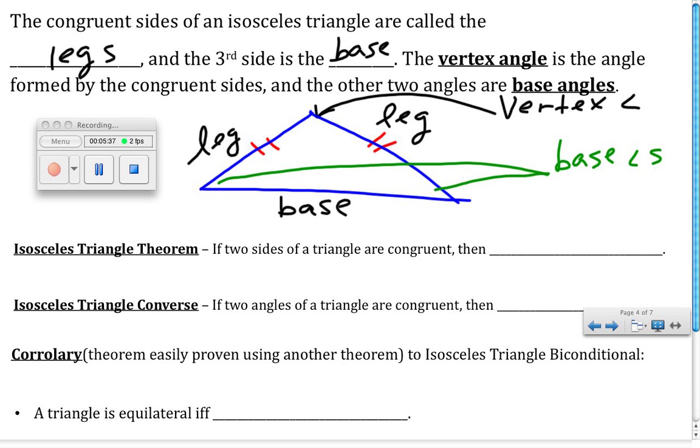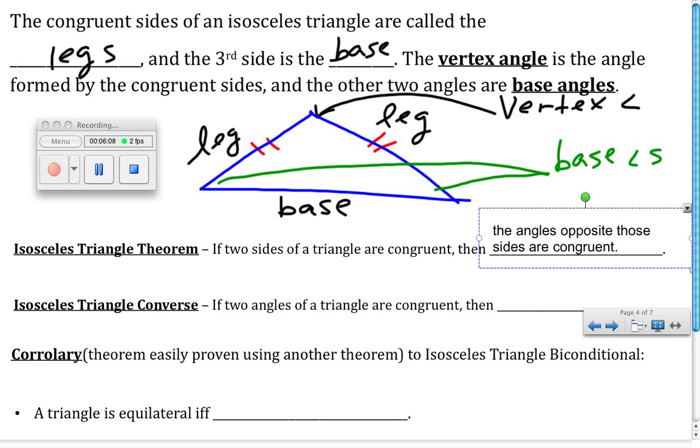They are congruent, and that leads us to the Isosceles Triangle Theorem, which says if two sides of a triangle are congruent, then two angles of the triangle are congruent. More specifically, if two sides of a triangle are congruent, then the angles opposite those sides are congruent.